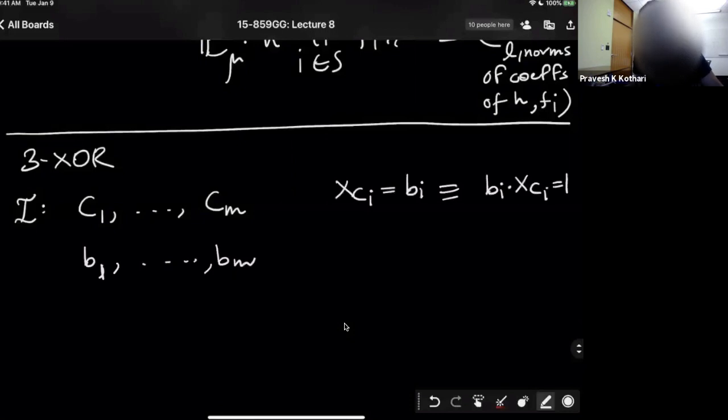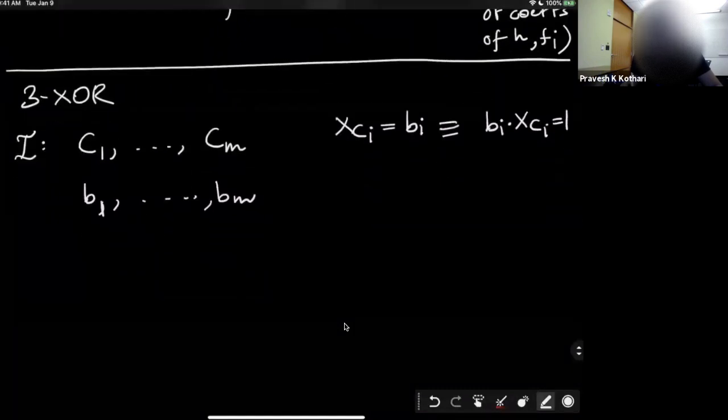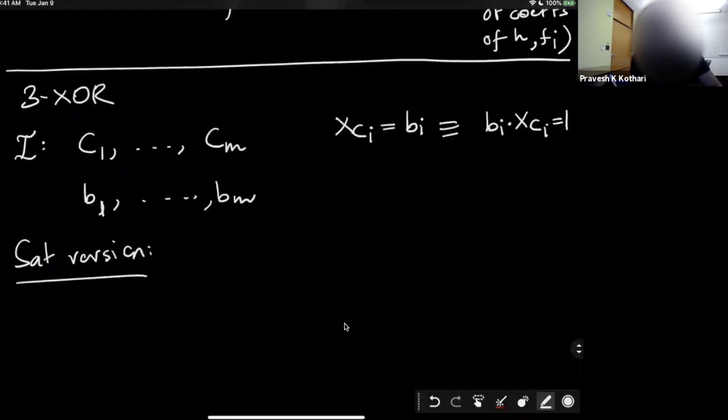And so the satisfiability version of the 3 XOR problem was simply the question: does there exist an X such that BI X_CI equals 1 for all M of the constraints? That was the 3 XOR problem that we saw last time.